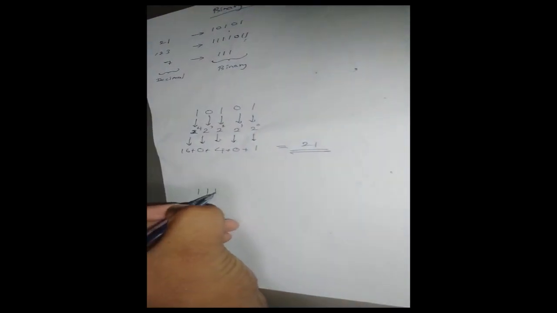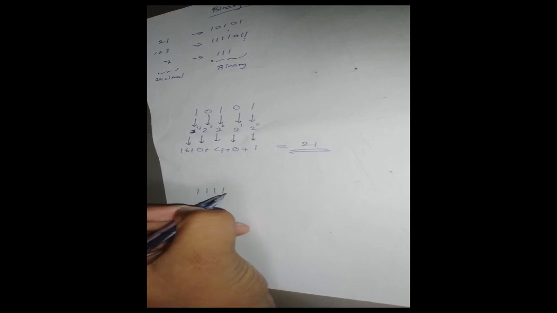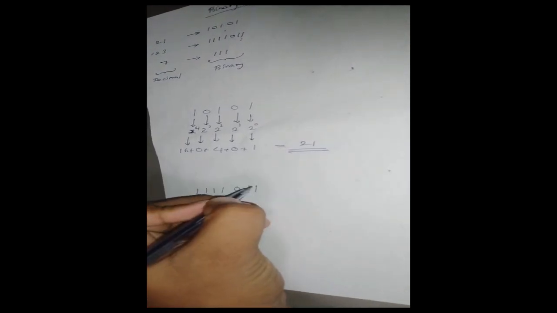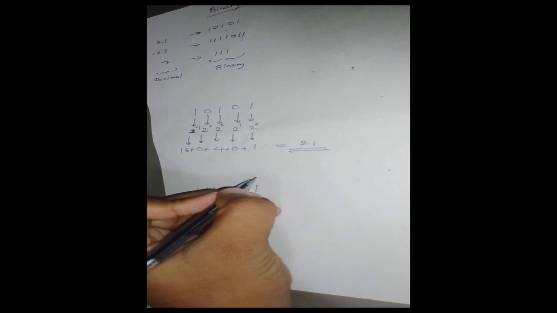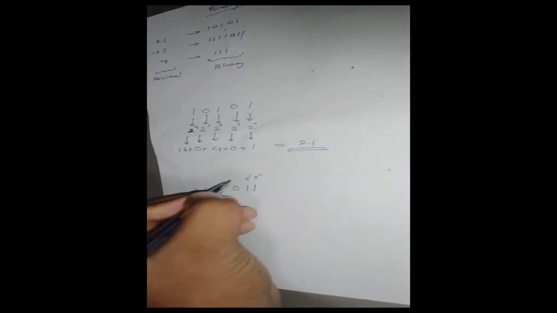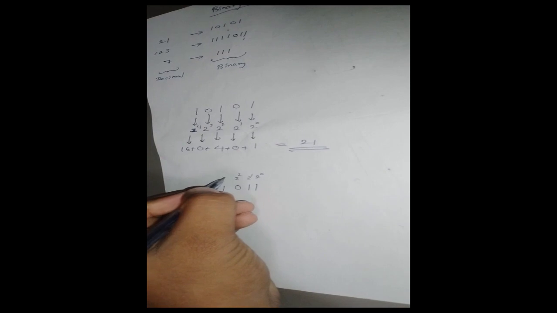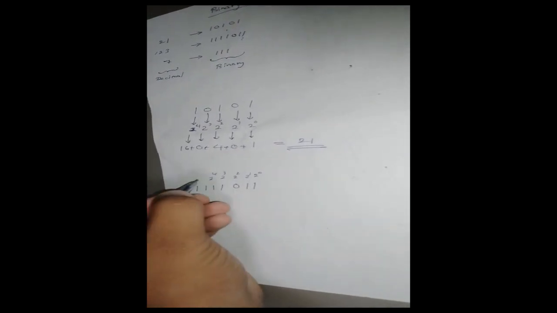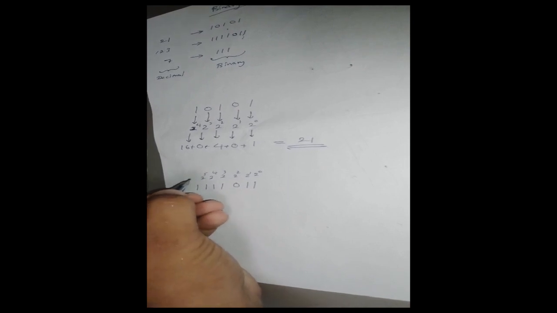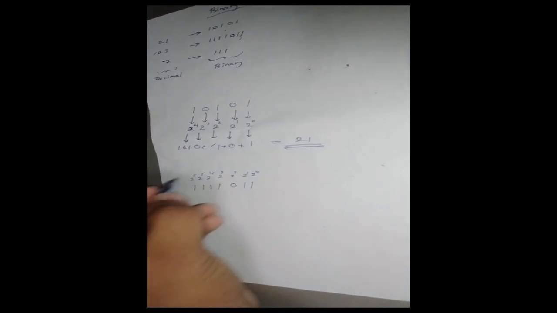It's 4 ones and 0 double 1. So this is 2 to the power of 0, 2 to the power of 1, 2 to the power of 2, 2 to the power of 3, 2 to the power of 4, 2 to the power of 5, 2 to the power of 6.